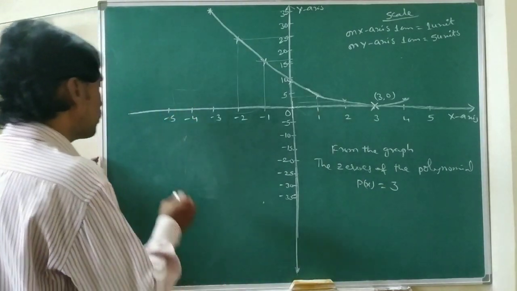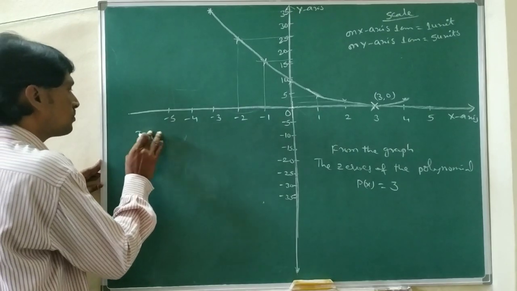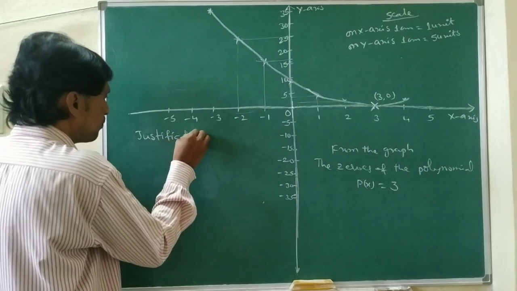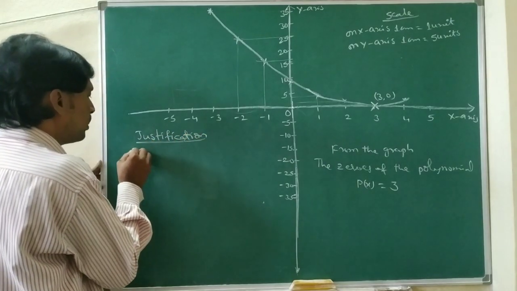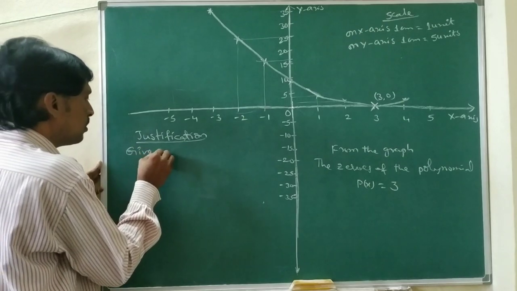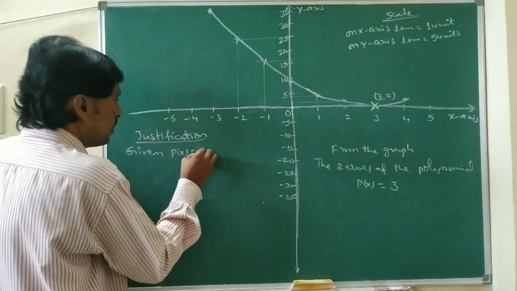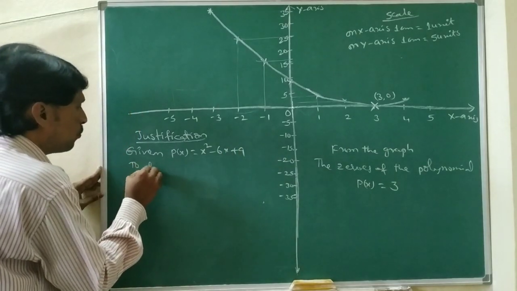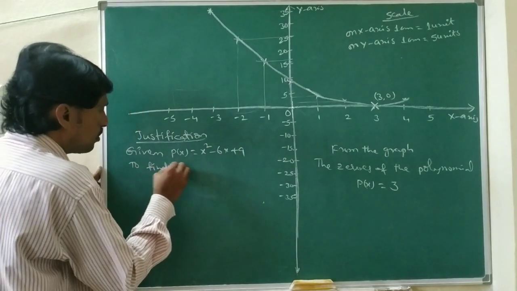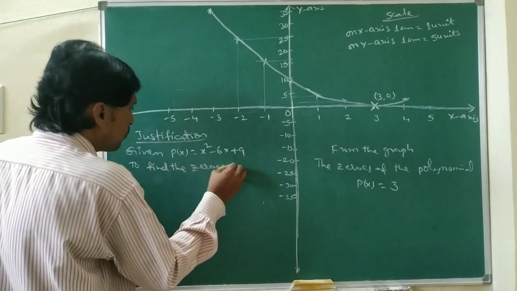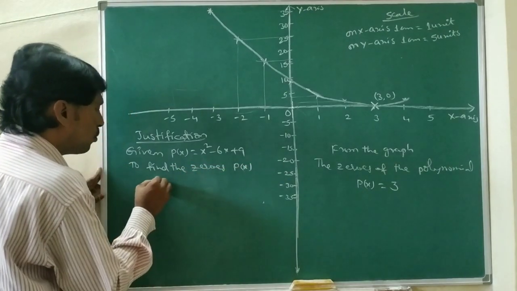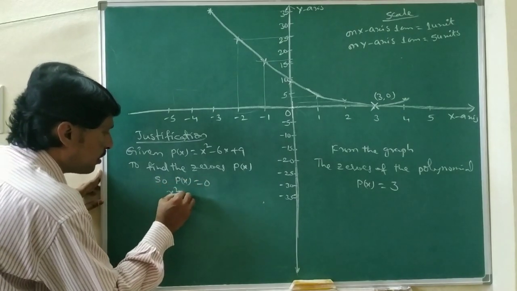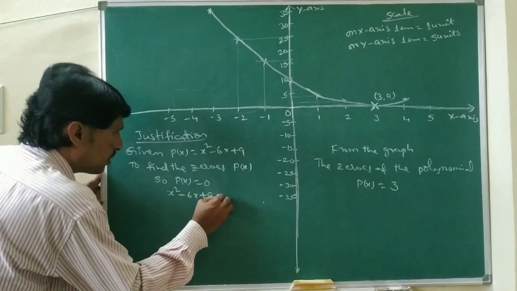So justification: given polynomial P of x equal x square minus 6x plus 9, to find the zeros of P of x. So we take P of x equal 0. P of x means x square minus 6x plus 9 equal 0.